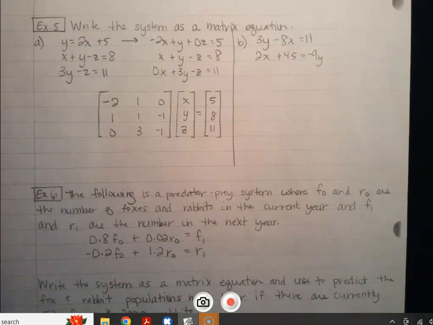They need to be in standard form. We don't want them in this form. We want them in standard form. Why? Well, we want our x, our y, and our z, and then the answer, so we can put them in the matrix form. If they're in jumbled forms, like this one, we have the y over here.